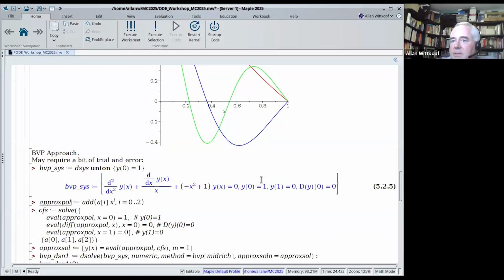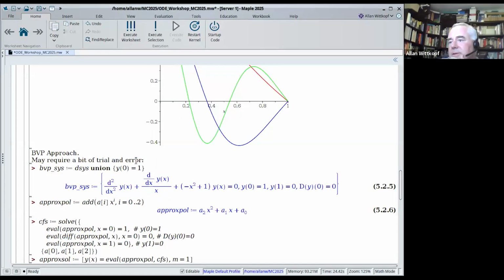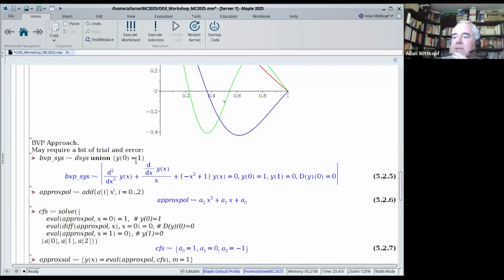Okay, and now what we're going to do is say, okay, we want to find an initial approximation of the function. And we've got 3 boundary conditions on it. We've got these 3 here. So we're going to create an approximate polynomial with 3 coefficients and essentially solve for those coefficients.